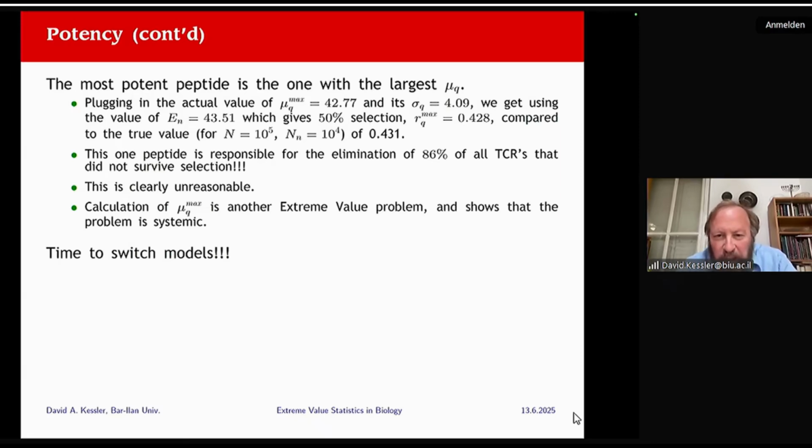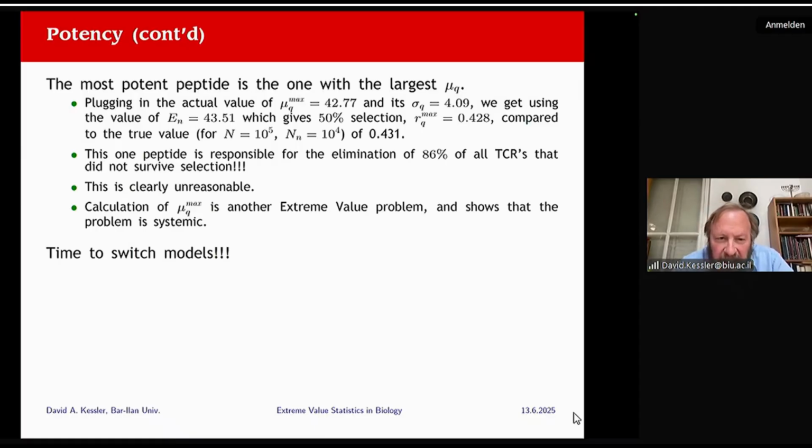Plugging that into the formula, and if you choose the threshold such that you get 50% selection, so that half the TCRs are allowed to survive, what you find is that R_Q is 0.428, which is very close to the true value. The predicted value was 0.428, and the true value for this particular peptide was 0.431.